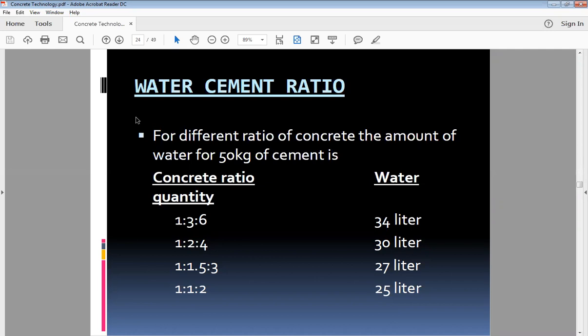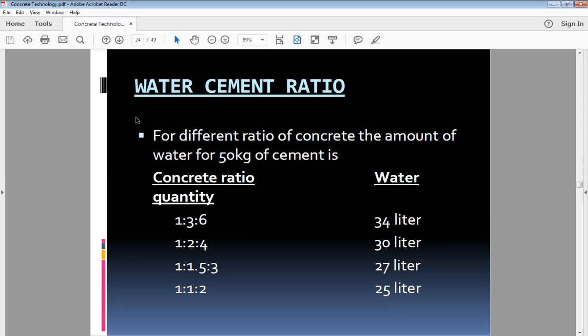Excuse me sir, this concrete ratio quantity, sir, 1:3:6, how is it? Please explain a little. It means the first part is cement, three is fine aggregates, and six is coarse aggregates.